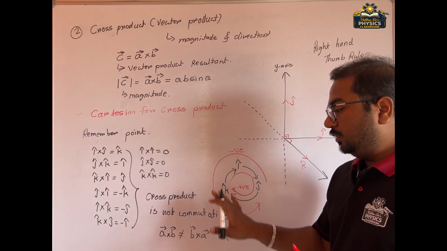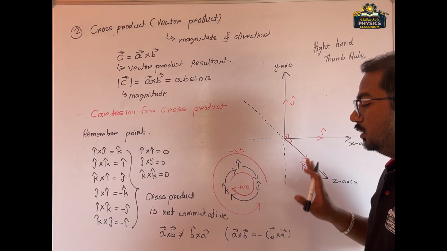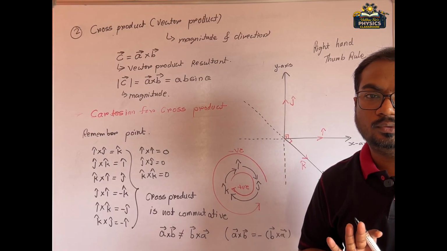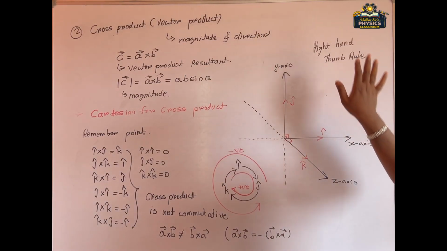It will be distributive, but it will not be commutative. Okay, so this is about the cross product.